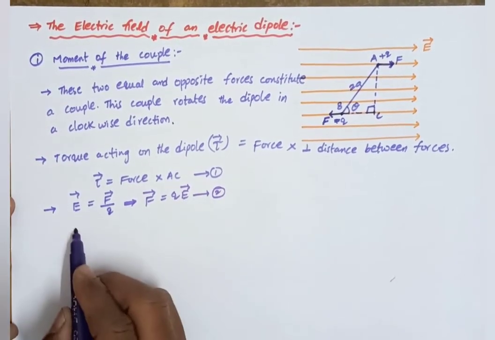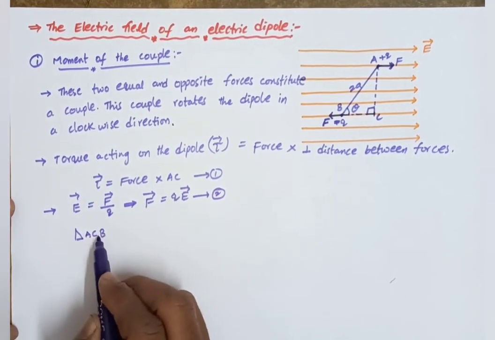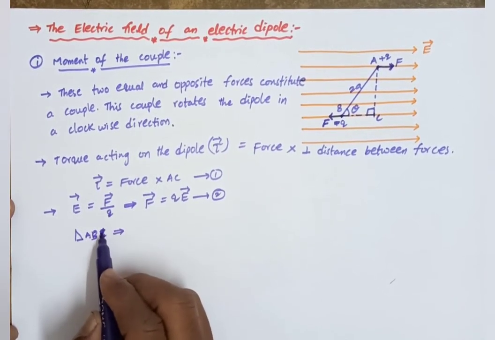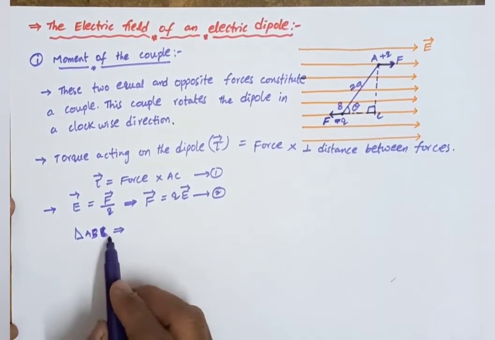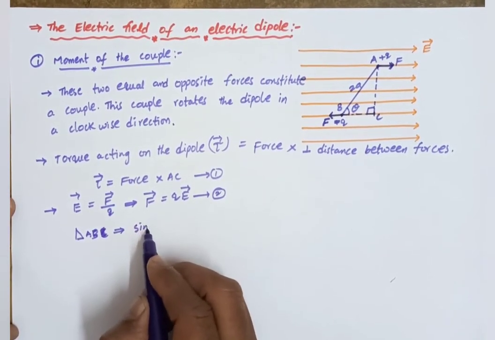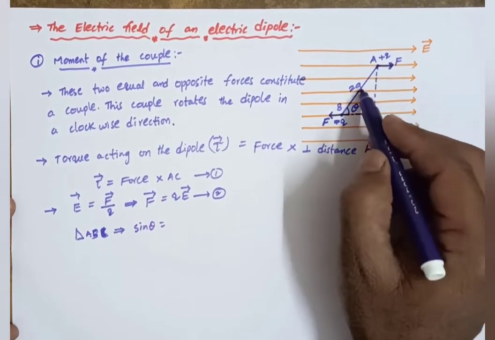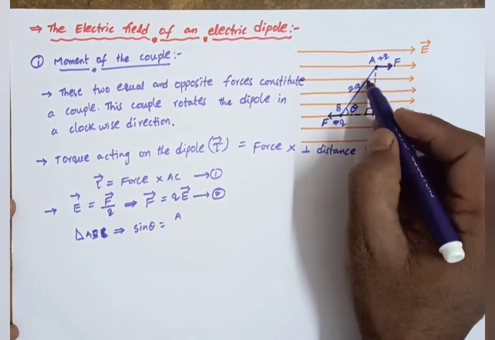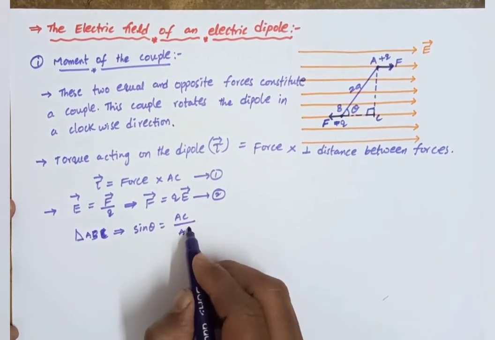And again, triangle ABC. The angle makes at B. So here sin theta equals opposite side by hypotenuse, that is AC by AB.